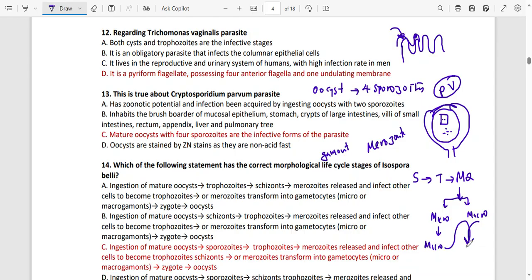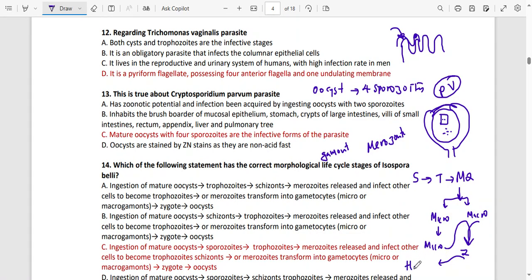And fertilization is going to happen. We are going to form a zygote. When we form this zygote, the zygote can now transform into an oocyst. The oocyst can either have a thin wall or a thick wall. So if it is a thin walled oocyst, it is going to reinfect the host.